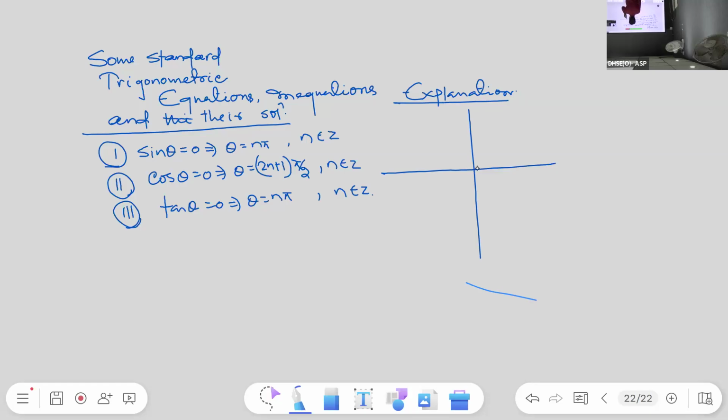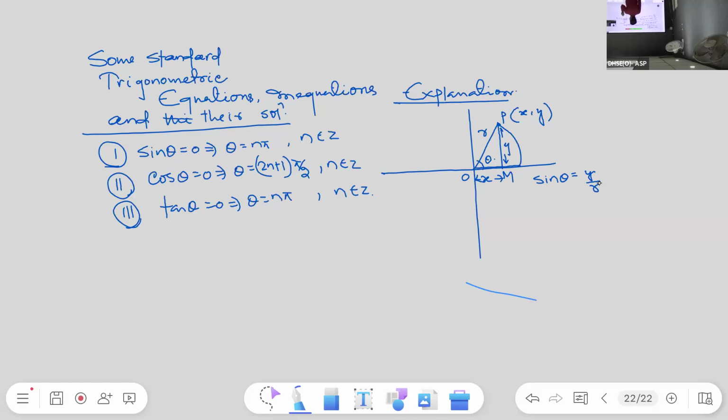So let the length OP be equal to R. Let M be the foot of the perpendicular drawn from P upon x-axis. Then OM length is x unit, PM length is y unit. So sin theta will be y upon R.